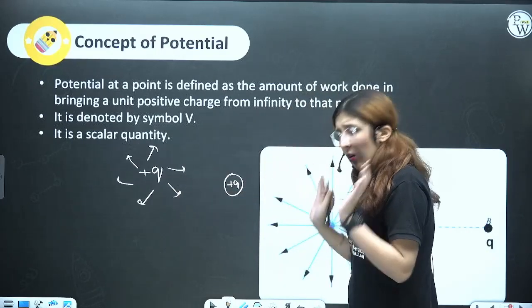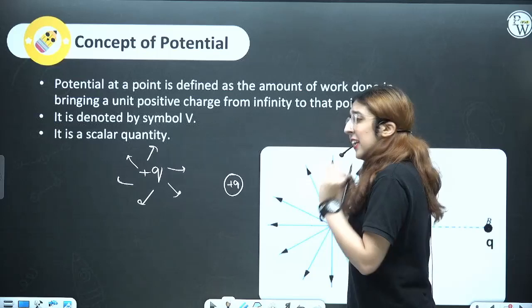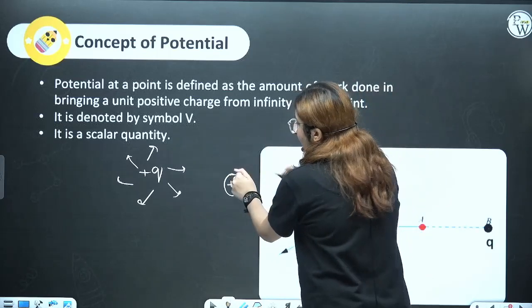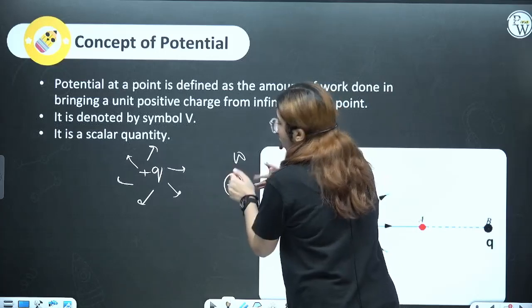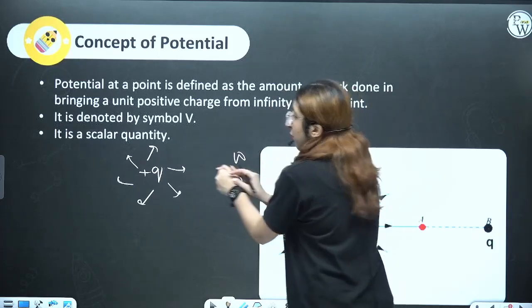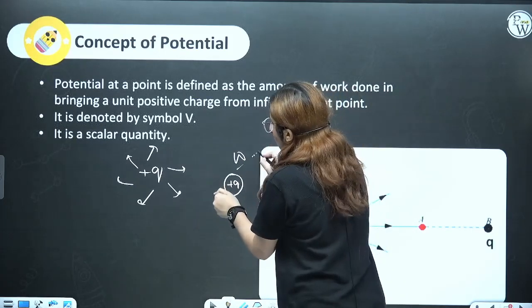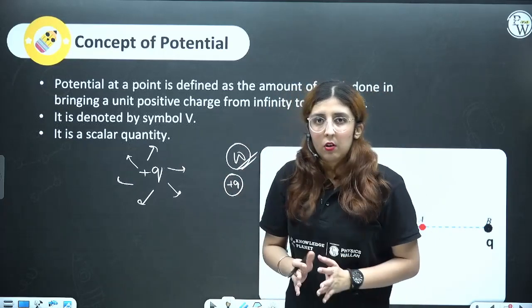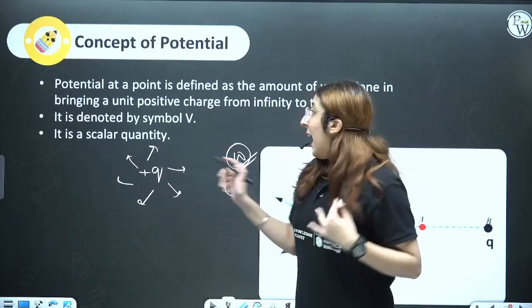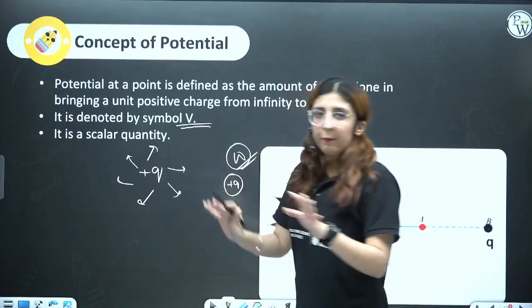When you are applying work to bring this positive charge closer to another positive charge, the work done is your voltage, or your potential. Potential is denoted by V.